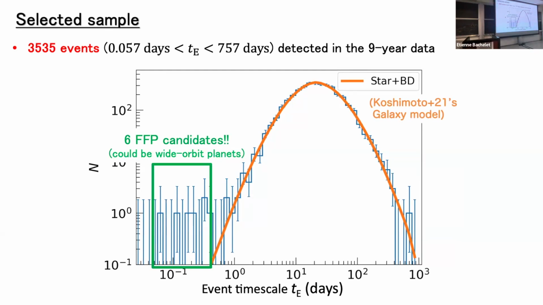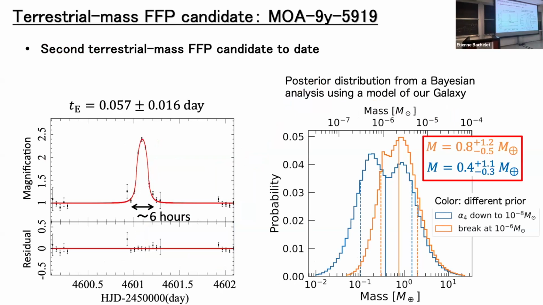As I said at the beginning, I said candidates because they could be very wide orbit planets. I won't introduce all of them, but let me introduce the shortest one. The left figure shows the light curve of the shortest event, where we captured a magnification that lasted only 6 hours.